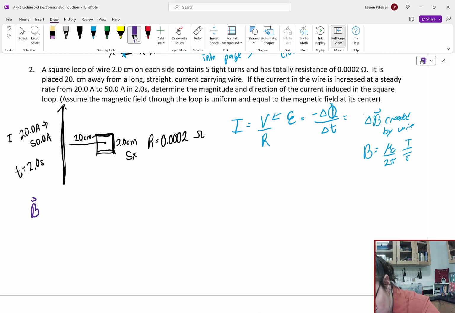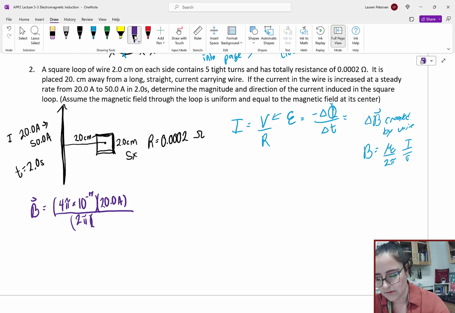So the magnetic field equals mu naught, which is 4 pi times 10 to the negative 7, times the current, which we're going to start with 20 amps, over 2 pi times the distance from that wire, which is 20 centimeters or 0.2 meters. So the magnetic field at time 0 is going to be 2 times 10 to the negative 5.